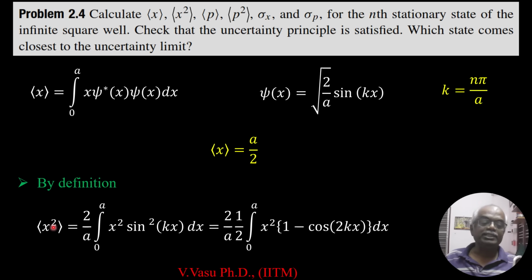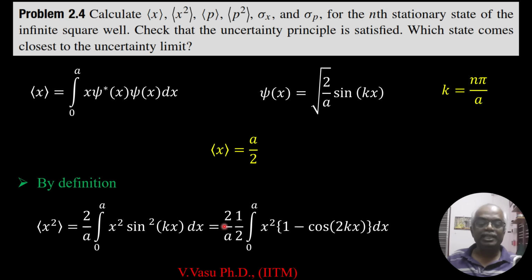Now, what is the expectation value of x squared? By definition it is equal to 2 over a, psi star psi, you are squaring it. So 2 over a, then x squared, sine squared kx dx.